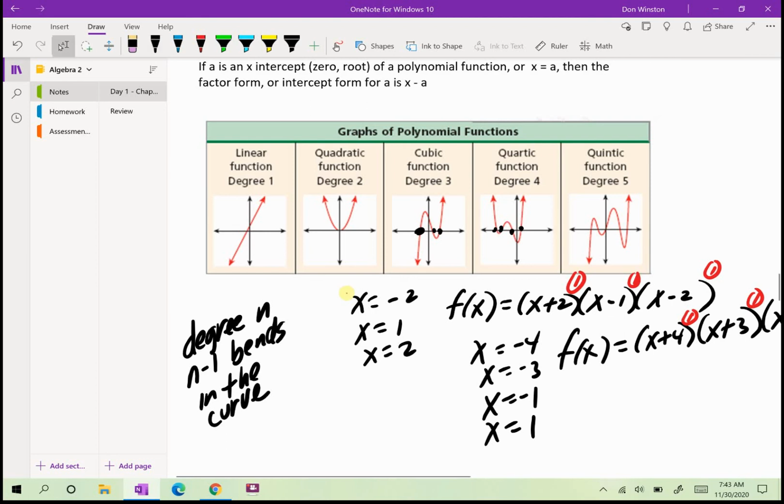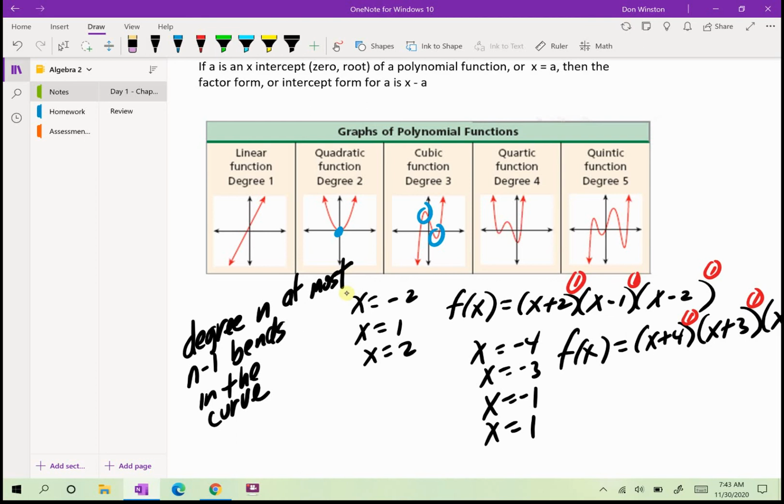So when I had degree 2, it only bent once, or it turned once. Degree 3, it turned once, two times. Degree n, at most n minus 1. Let me clarify that. At most n minus 1 bends in the curve. You can have fewer, but you can't have more than n minus 1 bends.